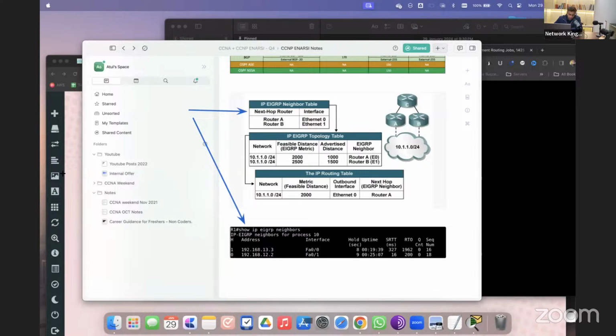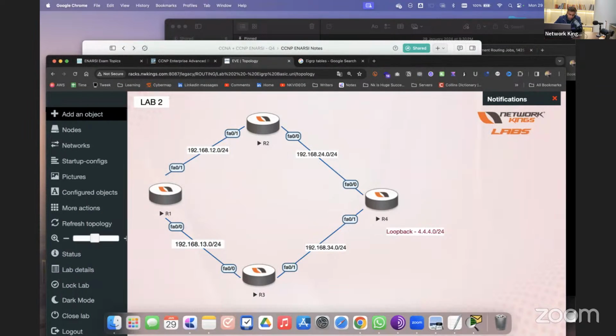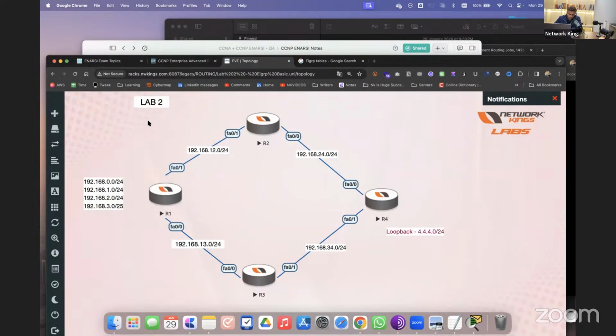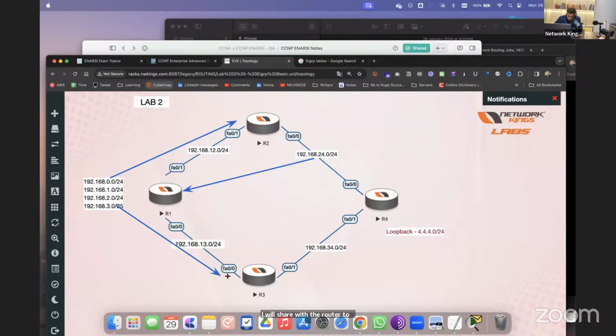After that, when all routers have neighbors, all neighbors share their information, like their routes, everything. All the neighbors are going to share their networks. I will share these networks with router 2. Router 2 will share 24 with me. Router 1 will share these networks with router 3. Router 3 will share 34 with me.